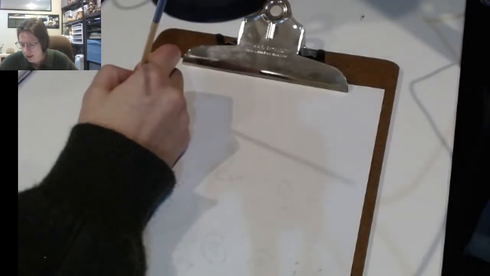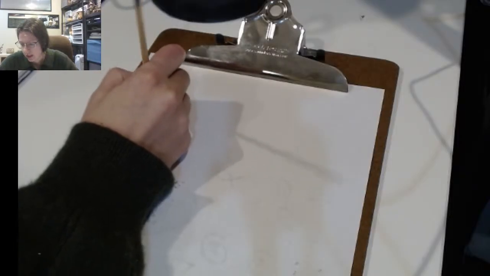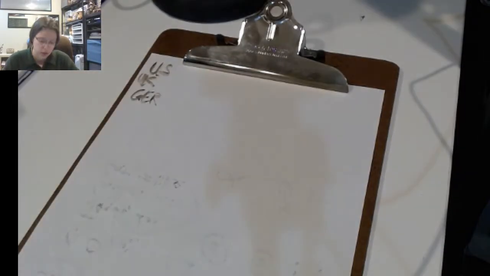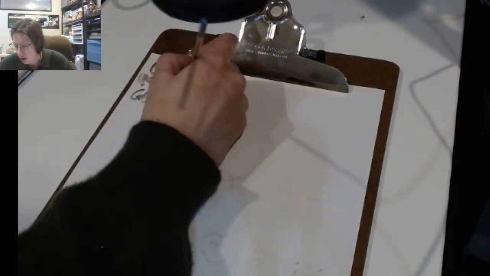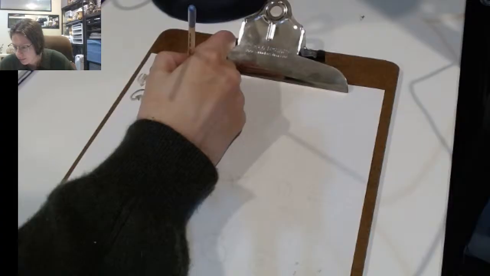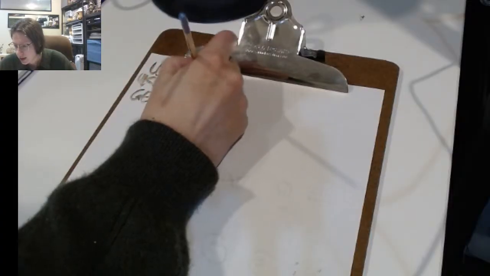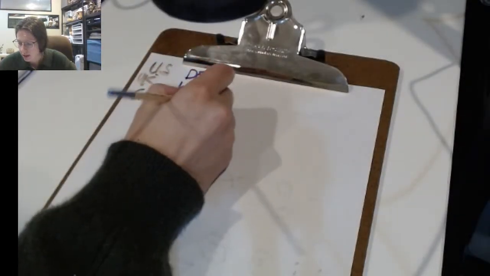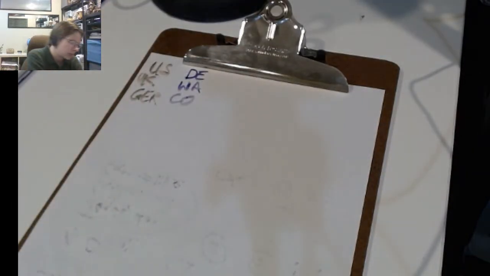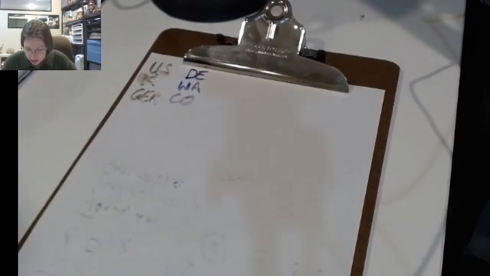Germany, I think, is GER. Those are countries. States will also have their own abbreviations. So like I think Delaware is DE, Washington is WA, Colorado is CO. And then sometimes specific cities might have abbreviations, not always.